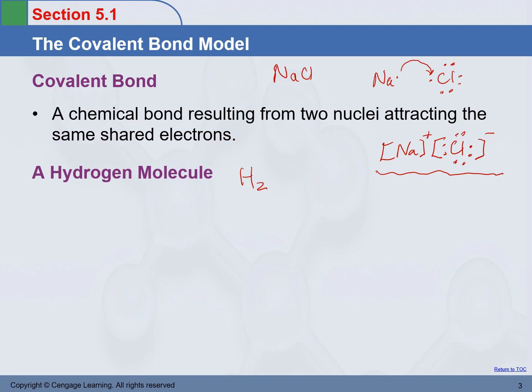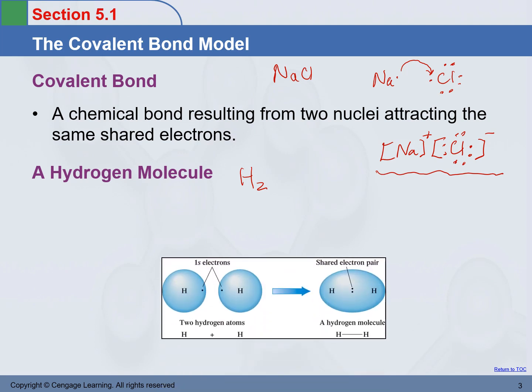Now let's move to hydrogen. Let's see what they're going to do to form a bond to become more stable. So we have two hydrogen atoms. Neither of them is happy. They're not happy because they do not satisfy the octet rule. Please be reminded, the octet rule for hydrogen is not 8, it is 2.